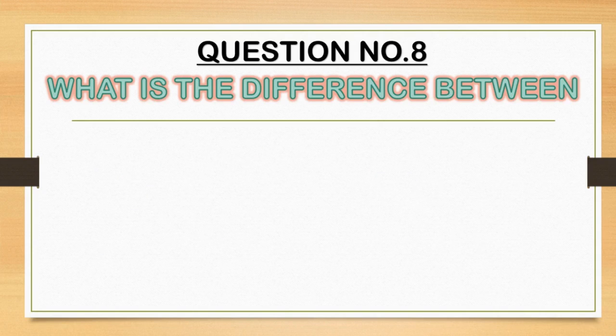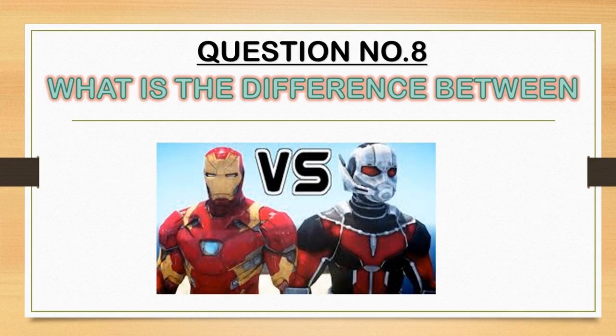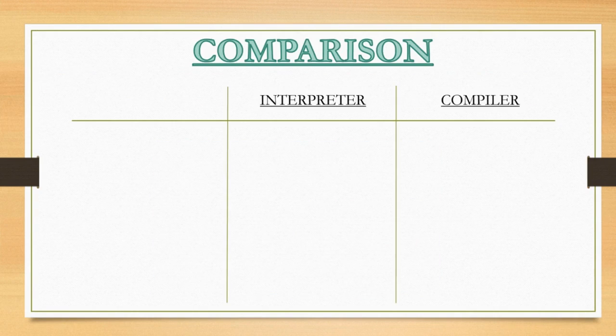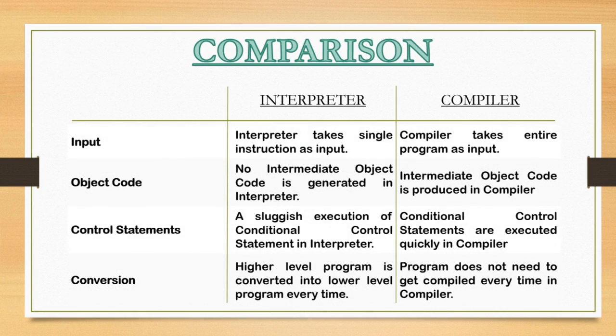Moving on to the next question, what is the difference between a compiler and an interpreter? If we look at the input, the interpreter takes a single instruction as input and the compiler takes the entire program as input. There is no object code in the interpreter, whereas a compiler gives an object code after the entire compilation.